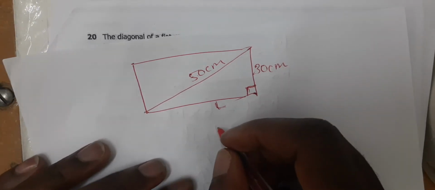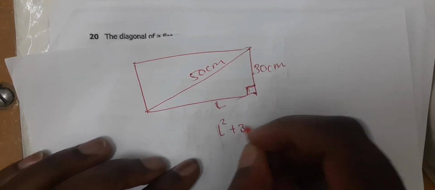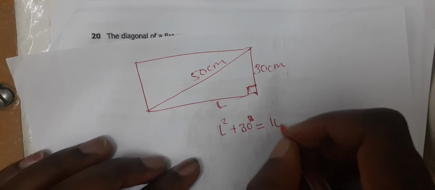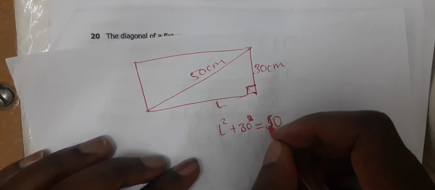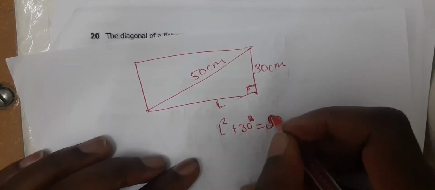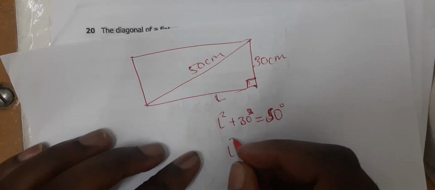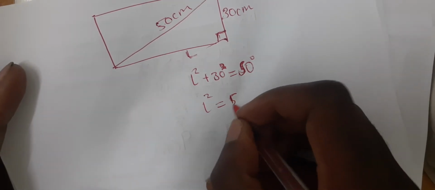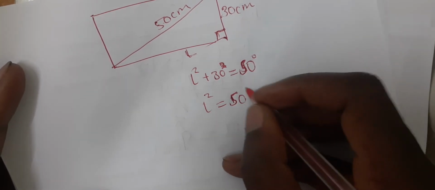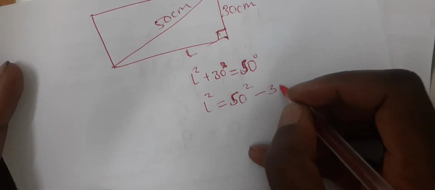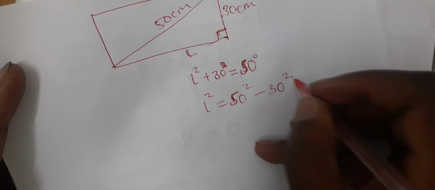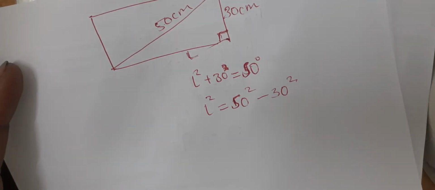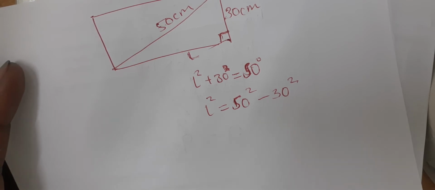This part which we are looking for, squared, plus this squared, is equal to 50 squared. So L squared, which we are looking for, is equal to 50 squared minus 30 squared. Okay, so we are supposed now to find the squares of these.